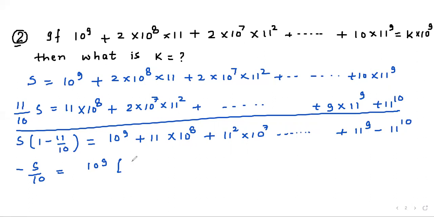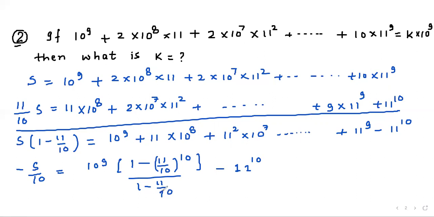So 1 minus r power n, that is (11 by 10) power, there will be 10 terms, divided by 1 minus r, that is 1 minus 11 by 10, minus the last term 11 power 10.